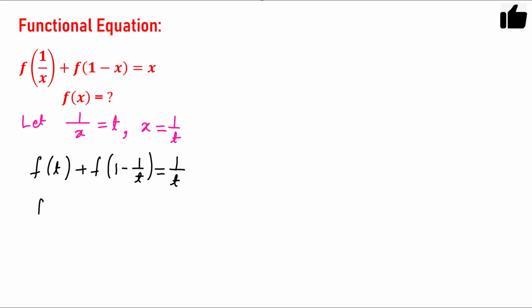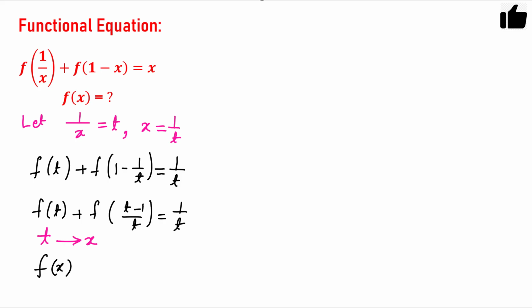So I can write f(t) + f(t - 1/t)... equals 1/t. Now this is true for all x, so I can replace t with x. So if I replace t with x, I will have f(x) + f((x - 1)/x) = 1/x. Let us call this the first equation and this the second equation. So we have made one substitution, that is 1/x = t.